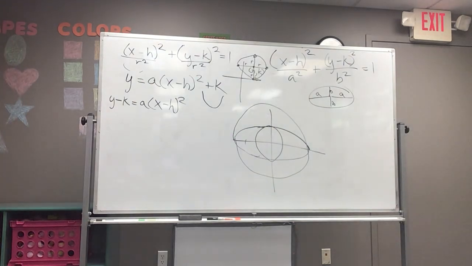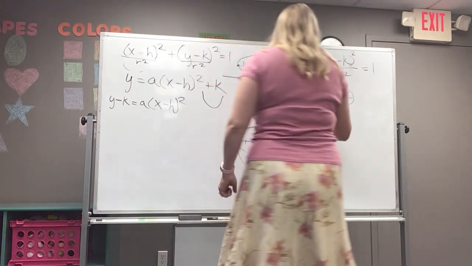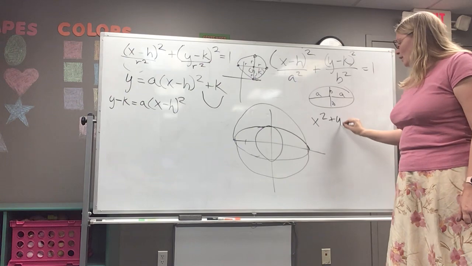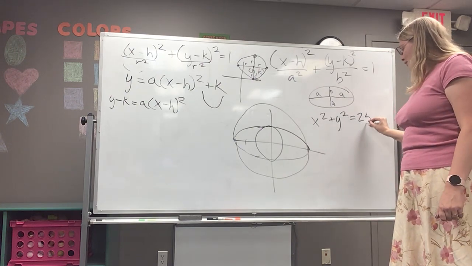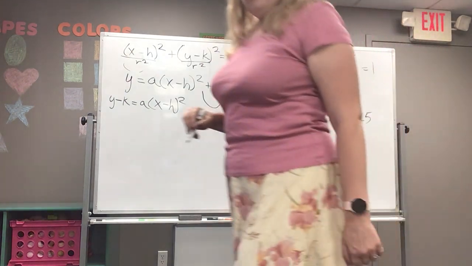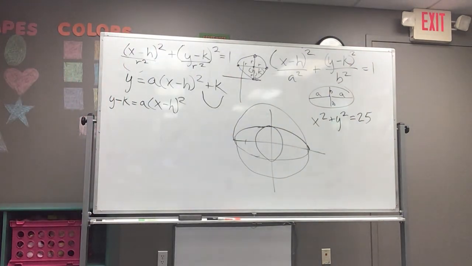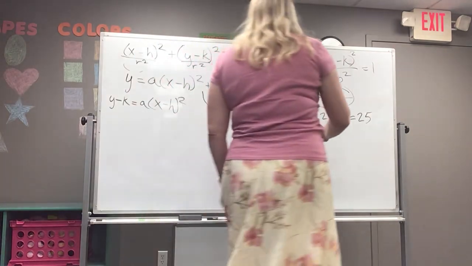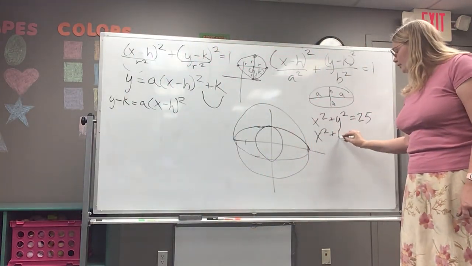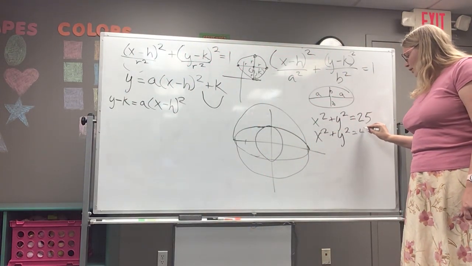So we've got two circles with an ellipse in the middle, and it says shown below in the standard XY coordinate plane are two circles and one ellipse, each centered at 0, 0, the origin. The larger circle has an equation of x squared plus y squared equals 25. The smaller circle has the equation of x squared plus y squared equals 4.